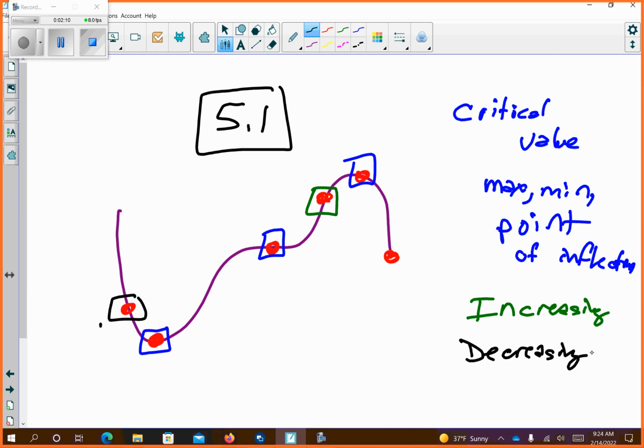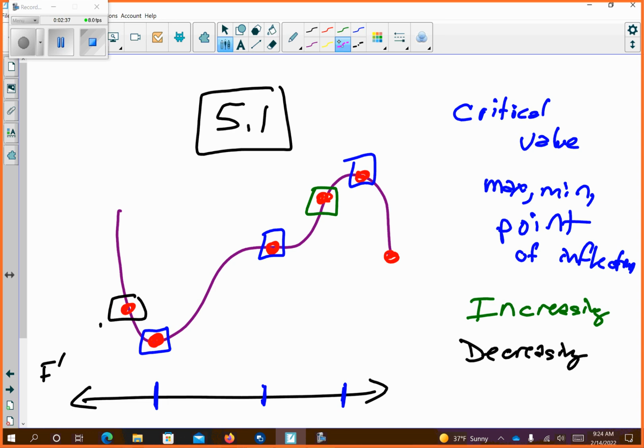Down below, it said we wanted to draw that F prime chart. What's nice, and you can always do this, is draw a line right below it and incorporate this and this.